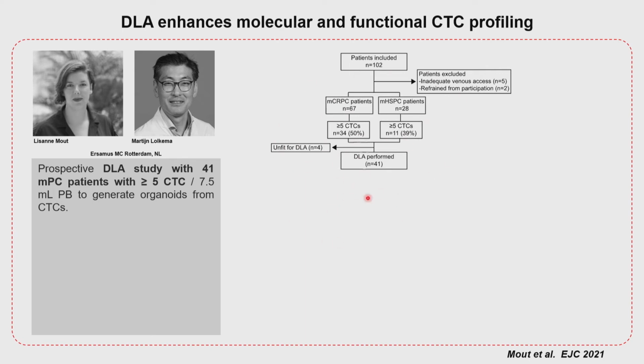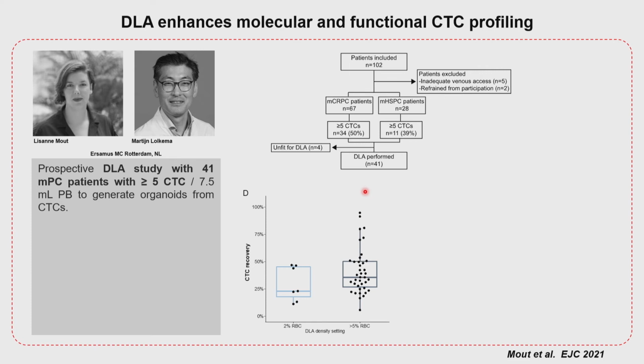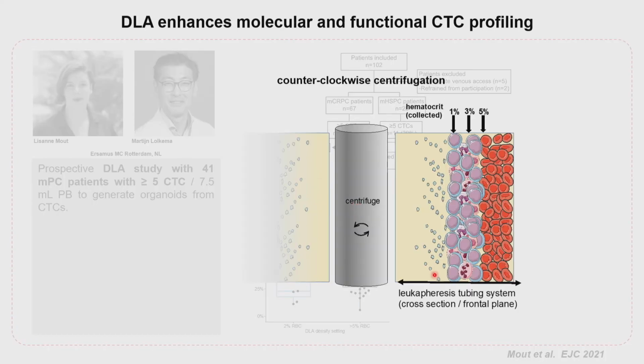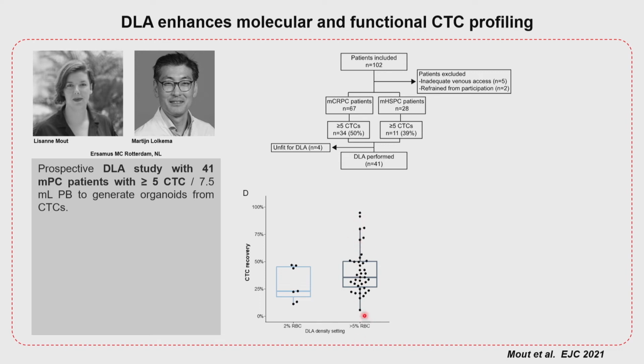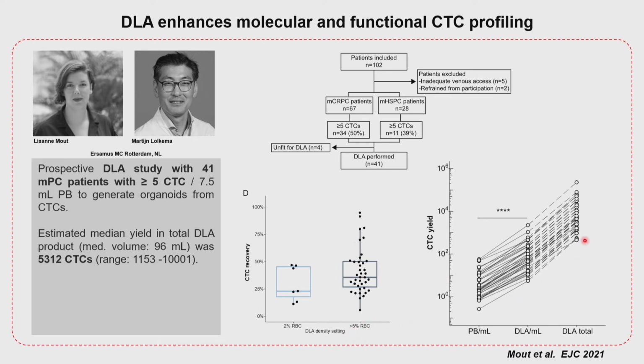Finally, they could perform DLA in 41 patients, and they tweaked the leukapheresis protocol a little bit: they increased the density of the cells they collected, and in prostate cancer that seemed to have a positive effect on the collection efficacy. So they could increase the CTCs in their DLA products quite heavily. In the end, they calculated that more than 5,000 CTCs were present in their DLA products.